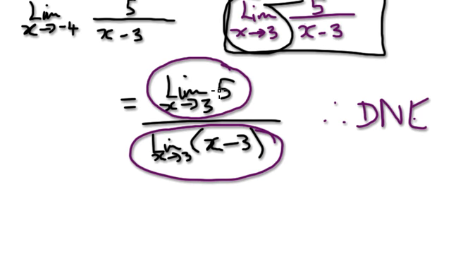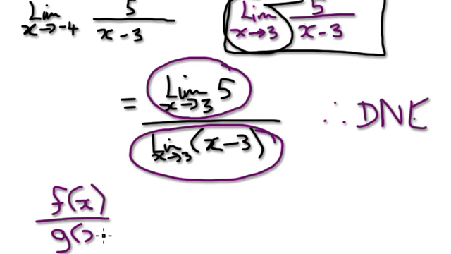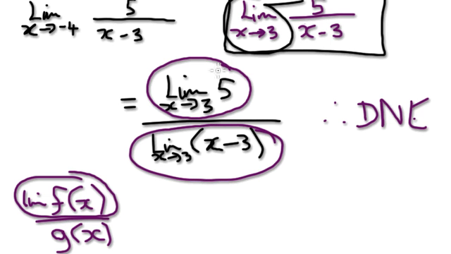So whenever you have one function over another, a function f of x over g of x, let's say, now if the limit of this is a limit other than 0, like in our case it would be 5. In our case, the limit of this is 5, and then the limit here is 0, because when you put 3 into here, it's 0.